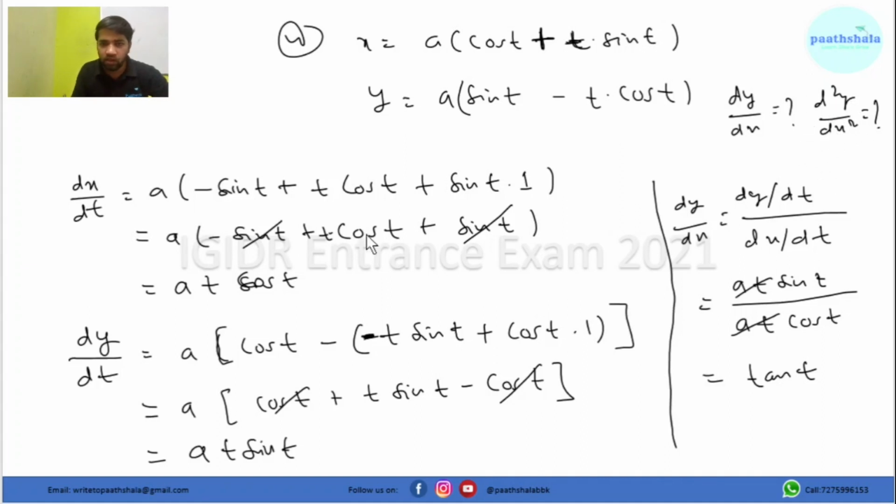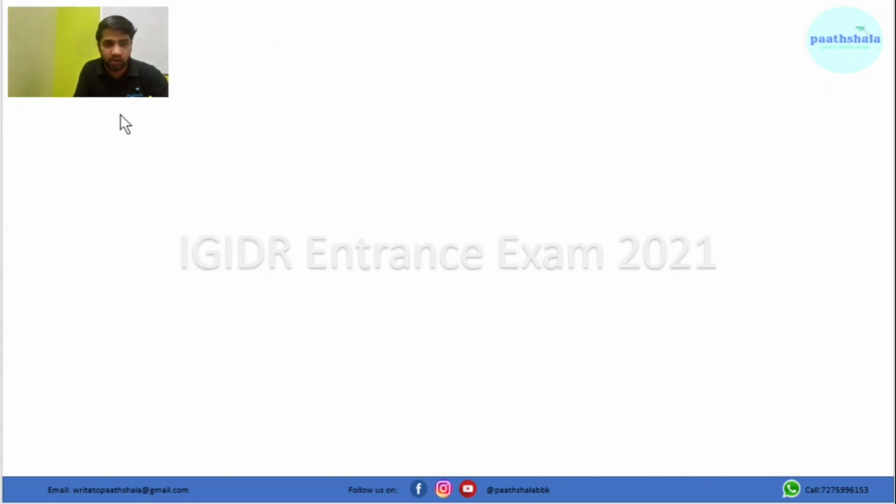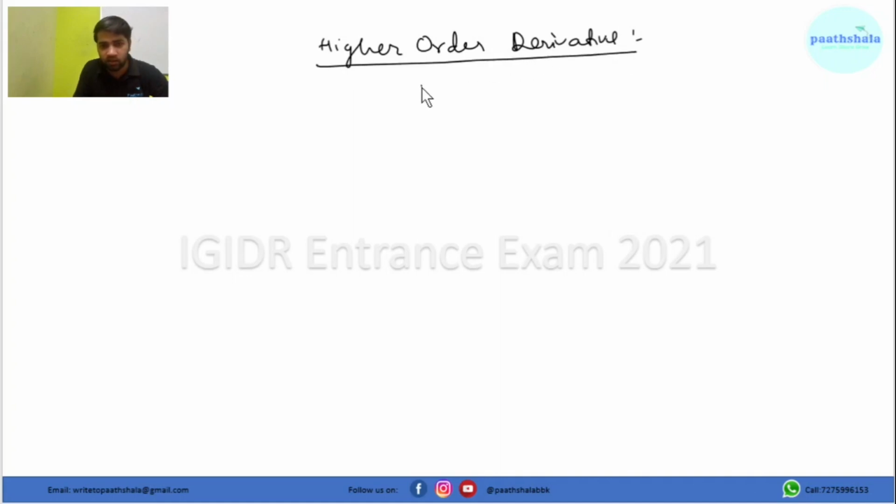Now to find out d2y by dx2, let's understand what is a higher order derivative. Till now we have solved for the function y equals f(x), and we were finding y dash, that is equal to dy by dx.